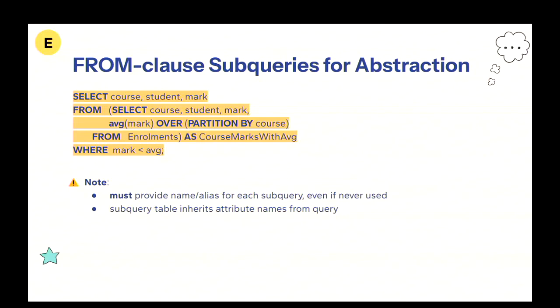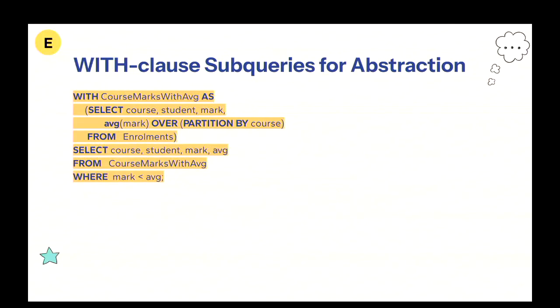And for the naming of the subqueries, it inherits the attributes from the query. So this is how you deal with the names you should take note of. Another clause we could use here is the with clause, and it's very similar to from. So it's like with alias as a subquery, and then we select from that temporary table.